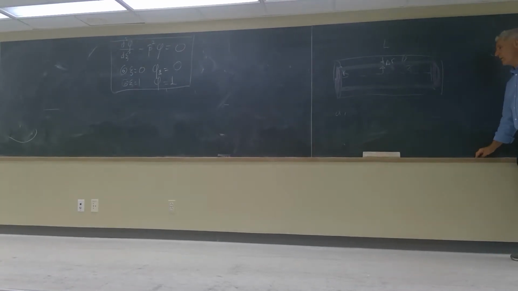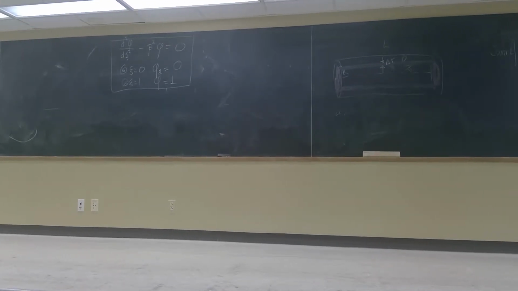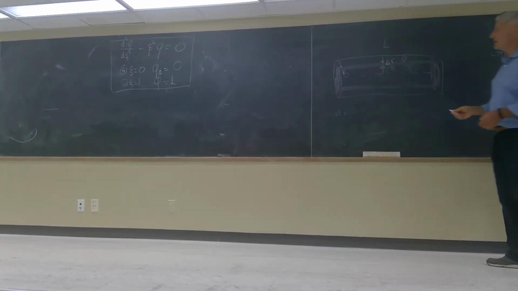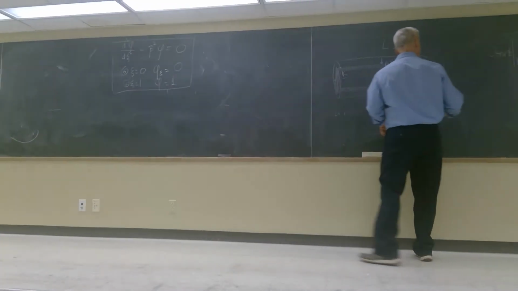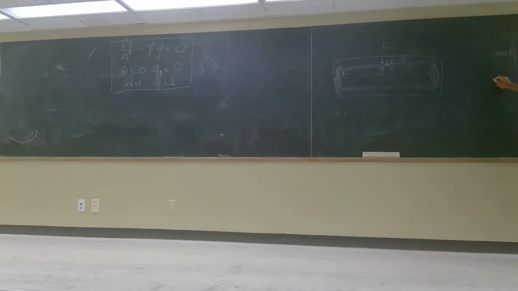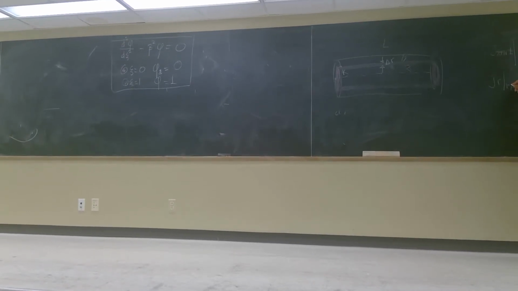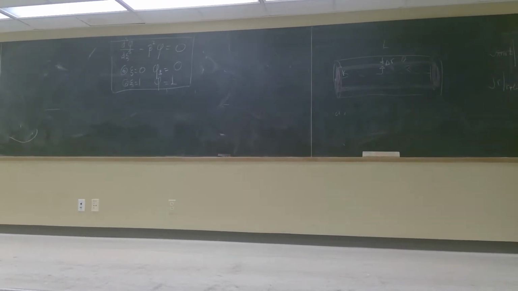As we have done before, we're going to cross out the constants, 2 pi L, and rewrite the differential equation as J r at r plus delta r. We have done it so many times that it should come automatically.